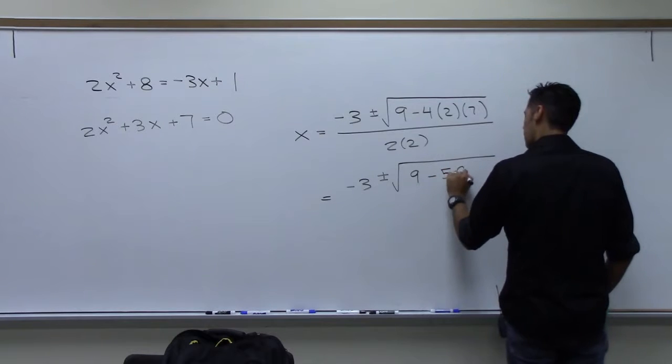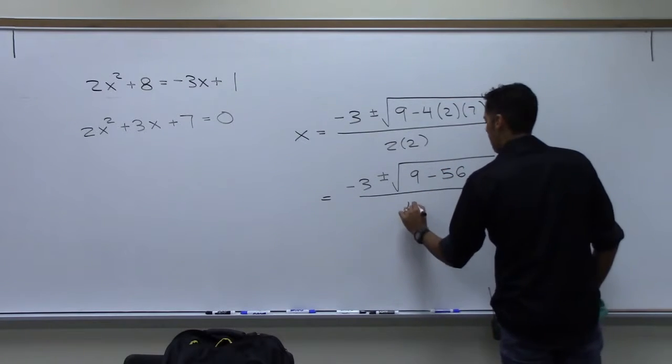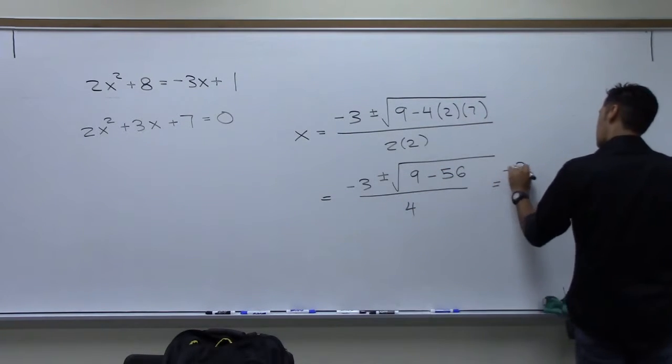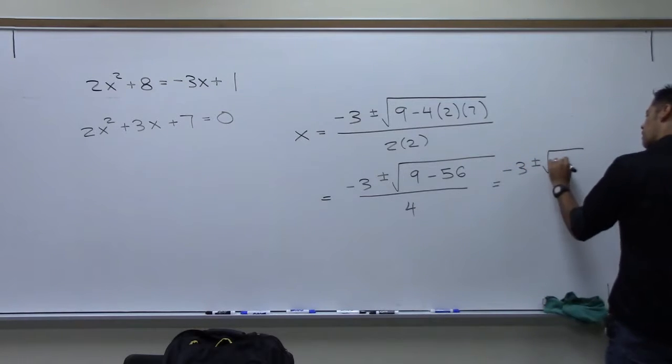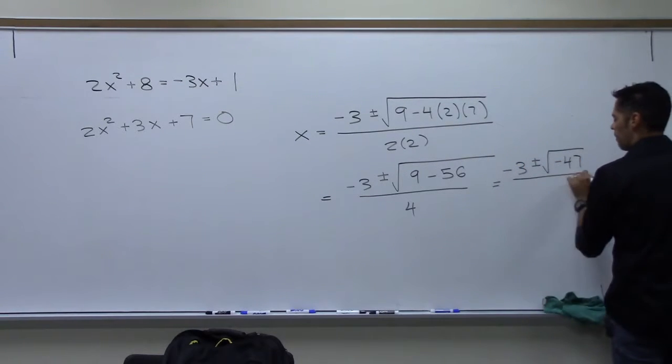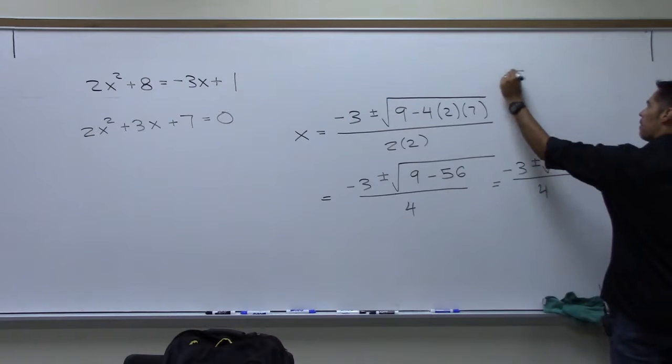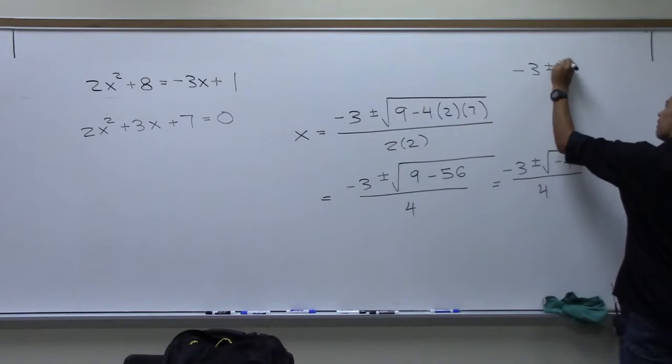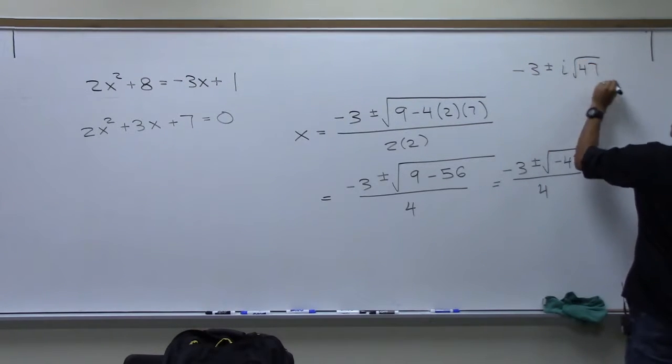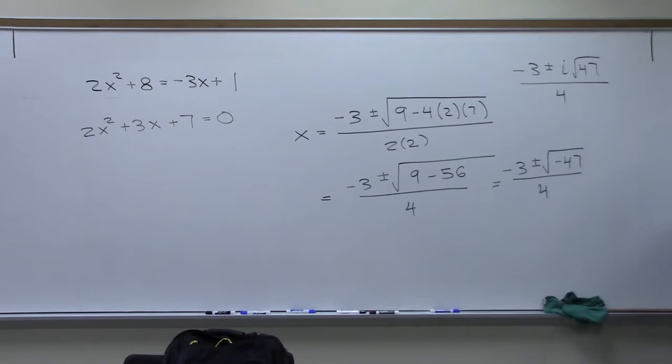Yep. And then I got x equals negative 3 plus minus square root negative 47 over 4. And then my answer was negative 3 plus minus i root 47 over 4. Is that correct? That's good. Is that not the key's answer?